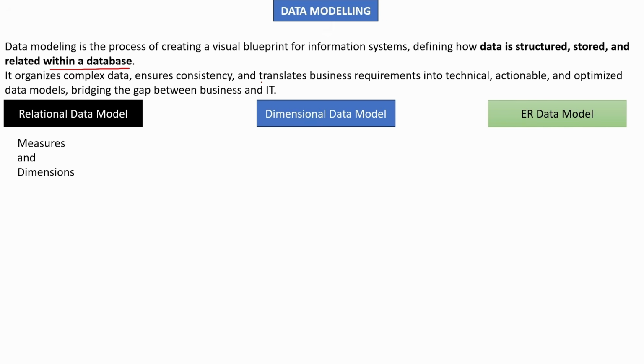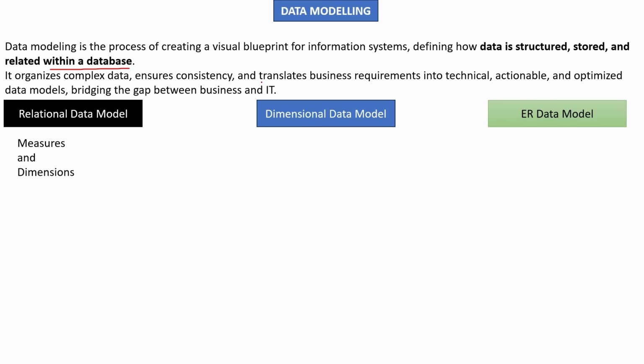Measures are just numeric values such as quantities and revenues used in mathematical calculations like sum or average. Dimensions can be text or numeric. They are not used in calculations and they usually include descriptions, locations, etc. And in relational models, the raw data is defined as measures and dimensions.